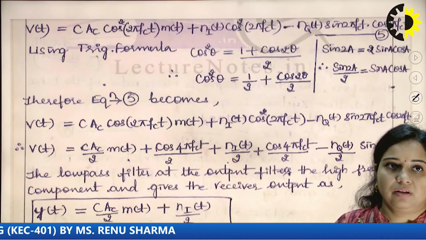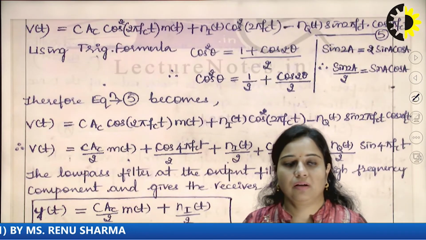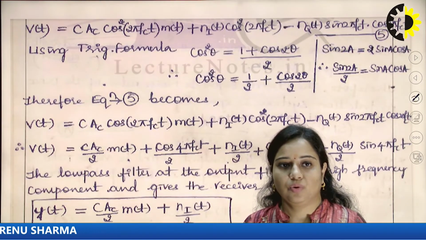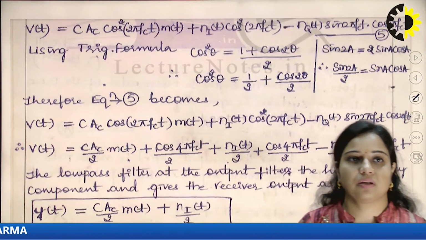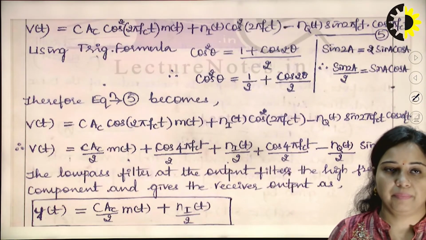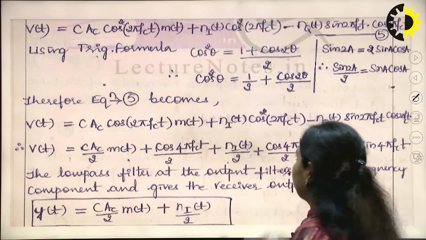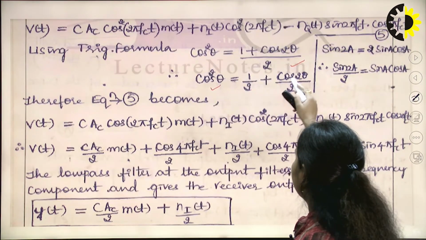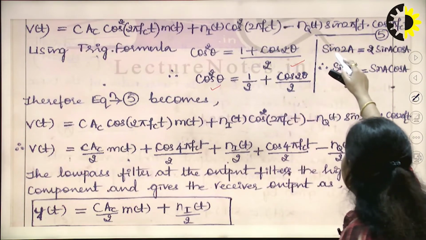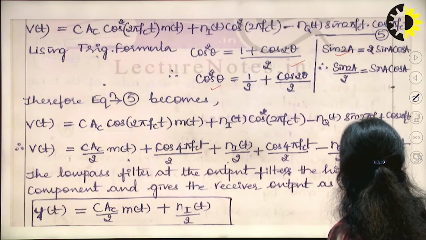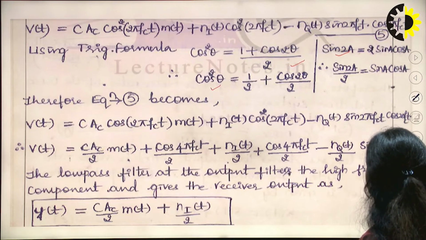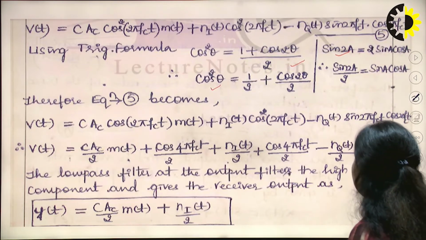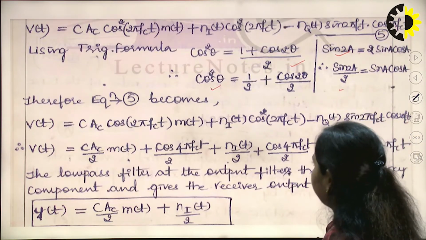Now, when the cosine is multiplied by the local oscillator signal, which is again a cosine signal, a cos squared theta term will appear. This cos squared theta can be expanded using a simple trigonometric formula, (1 + cos 2 theta) / 2, so cos squared theta equals half plus cos 2 theta by 2. Also, sin 2 theta equals 2 sin theta cos theta, which is another formula.